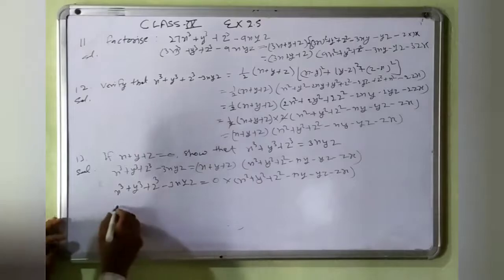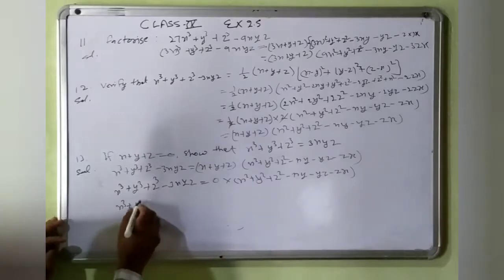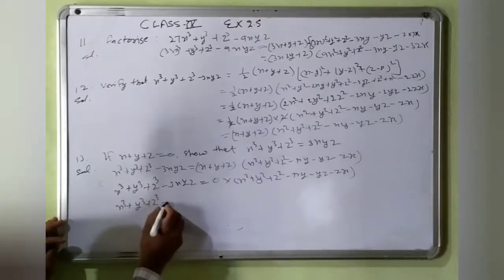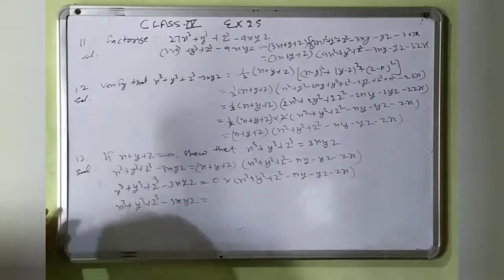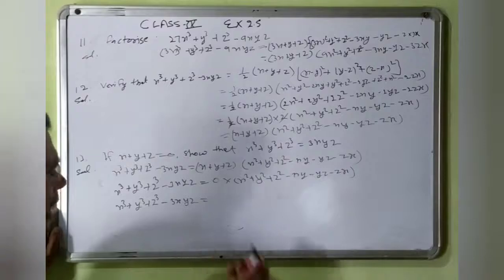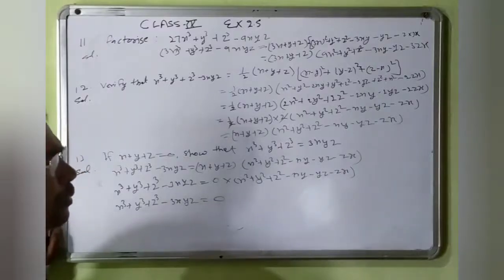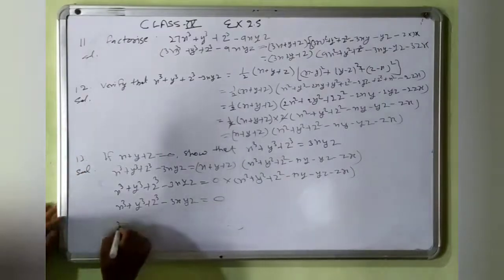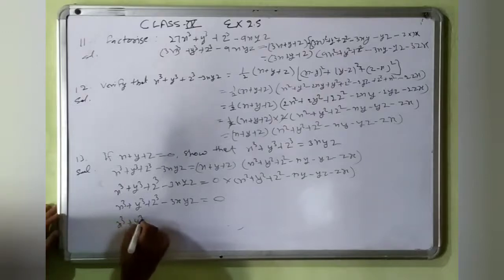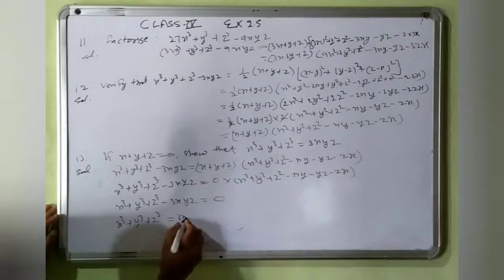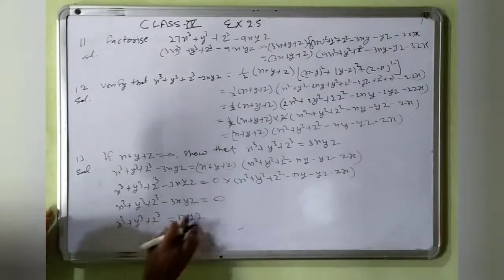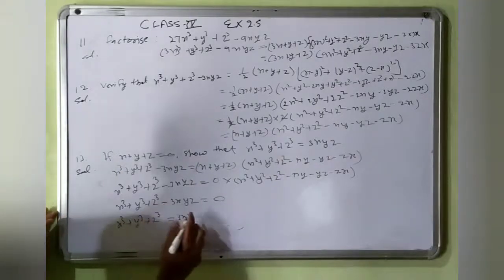You know that if you multiply any number by 0, the answer will become 0. So x cube plus y cube plus z cube is equal to 3xyz.